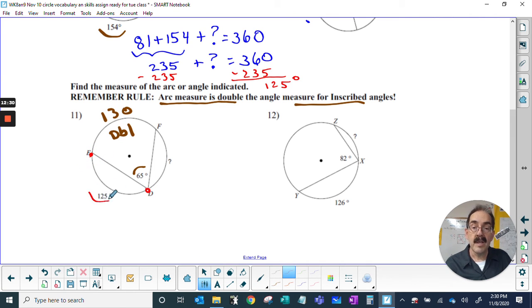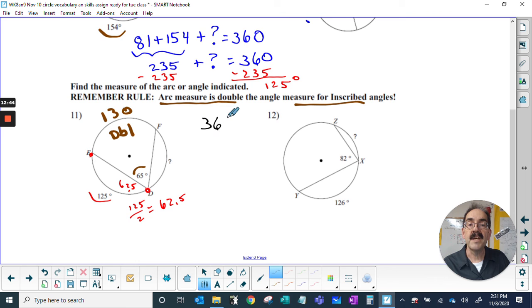If the arc is 125, 125 divided by 2, 62.5, get our calculator, 62.5, okay? So then come around, and we know that a circle is 360 degrees minus the 130 minus the 125. Can we do that? Absolutely we can.